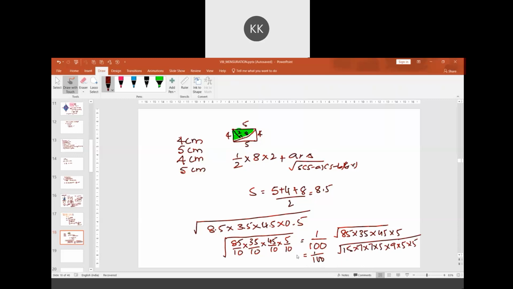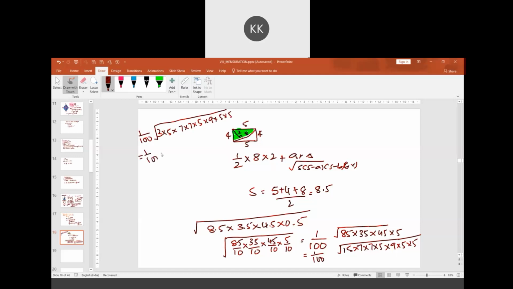Correct, sir. Let me wipe this region. This 15 I will write as 3 times of 5 multiplied to 7 into 7 multiplied to 5 into 9 into 5 into 5. This whole thing is multiplied to 1 by 100.